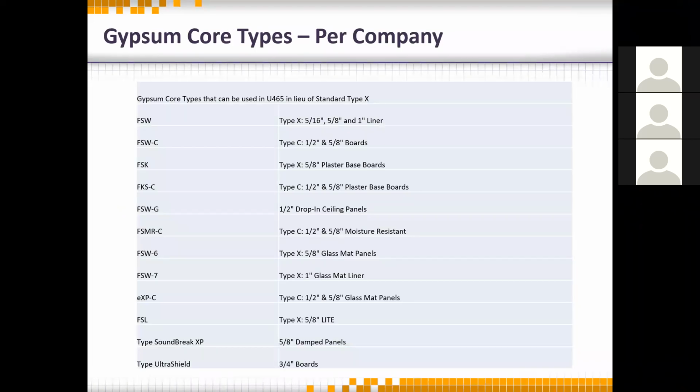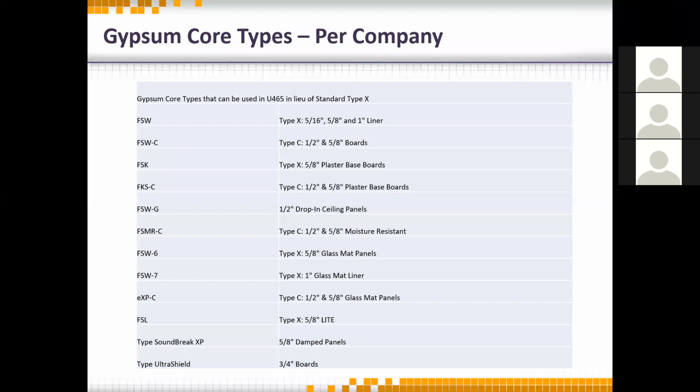So here's a chart for different codes, and why do we need all these codes? UL says that, okay, for U465, which is the one we're looking at, what products do you want to be acceptable for that? And we have to test all these different products. So they give us a code for those products, and each one has got something different about it. Either it's a different thickness, or it's a different facer, paper versus mold resistant paper versus fiberglass mat.